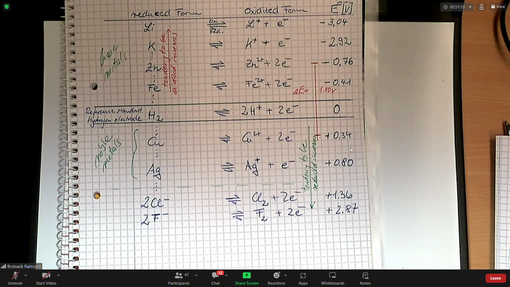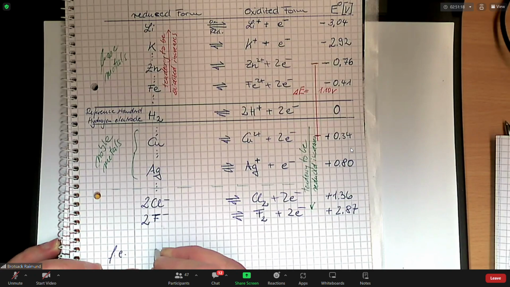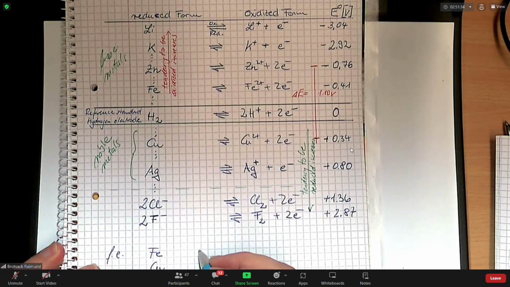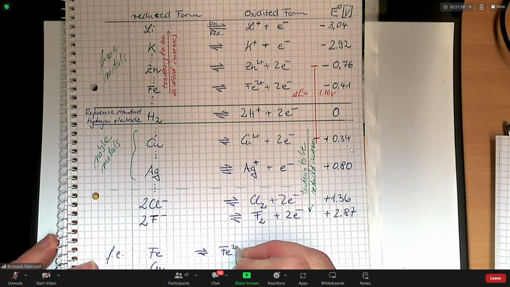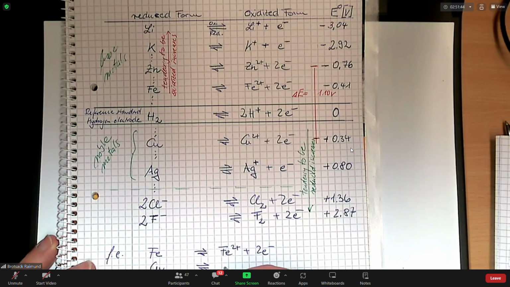Well, when we look at our system, we have the system we already discussed. We have iron, another one not discussed in detail, and we compare it with copper. Let's look at it. Iron can be oxidized to form iron 2 plus and 2 electrons, and copper can be oxidized to form copper 2 plus and 2 electrons. So now what are you expecting?